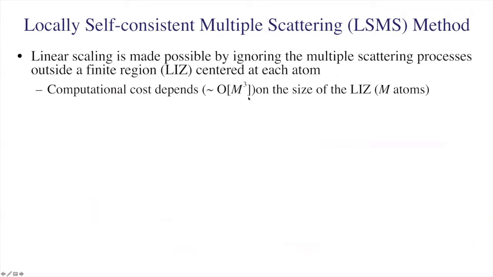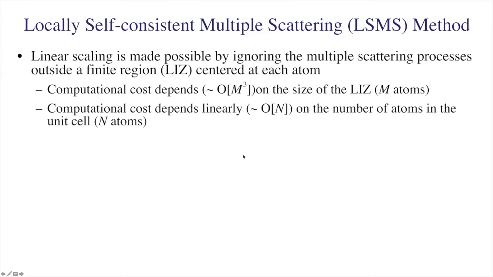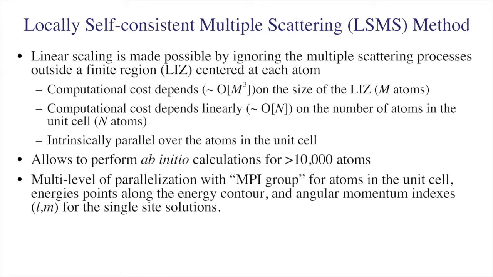The computational cost depends on the number of atoms within the local interaction zone, but it depends linearly on the number of atoms in the unit cell. So it's intrinsically parallel, because you do the calculation for each atom in the unit cell, and this allows calculations for more than 10,000 atoms or even more.